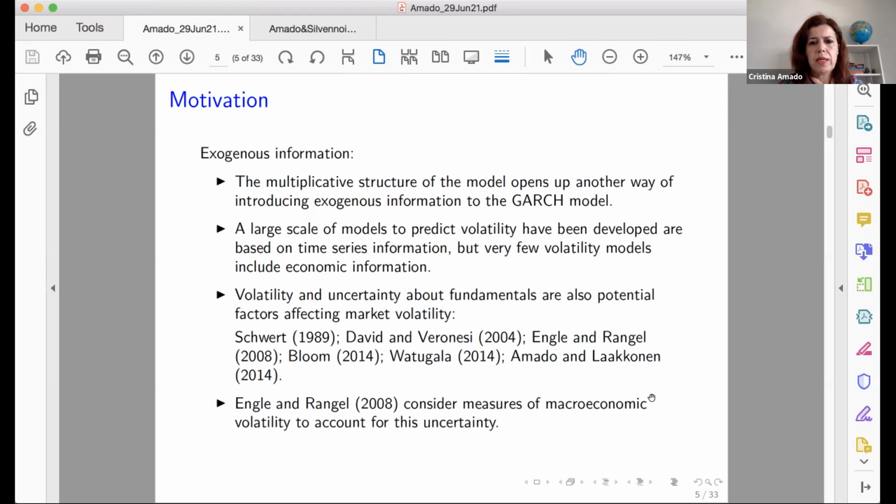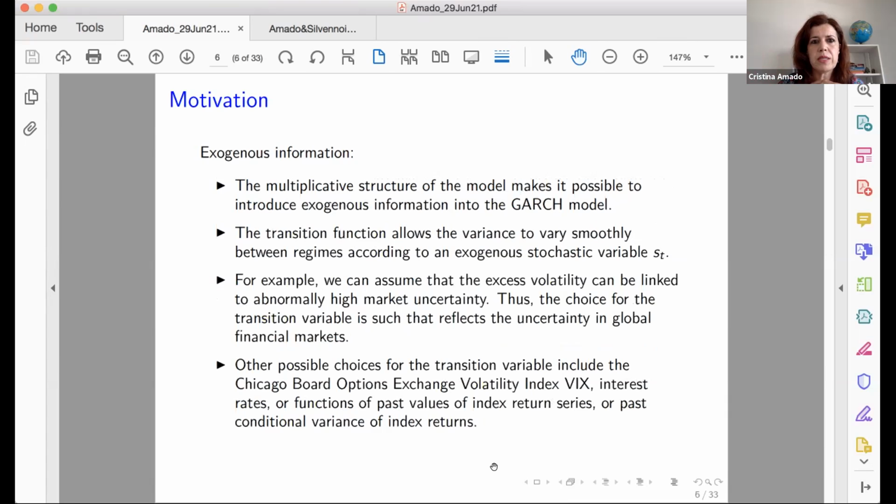There we could think about several measures of macroeconomic volatility for accounting for this uncertainty. I'm not so focused in this presentation on these measures or what type of exogenous information we could introduce in the model, but more on the modeling framework.